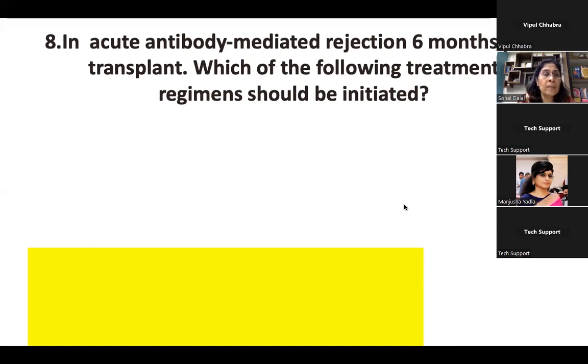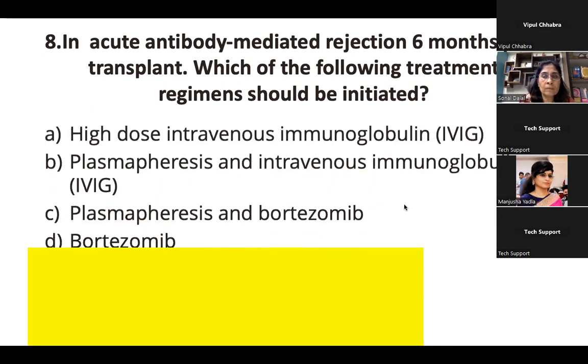Question number 8. In acute antibody-mediated rejection 6 months post-transplant, which one of the following treatment regimens should be initiated? Option A, high-dose intravenous immunoglobulin. Option B, plasmapheresis and intravenous immunoglobulin. Option C, plasmapheresis and bortezomib. Option D, bortezomib. Your time starts now.